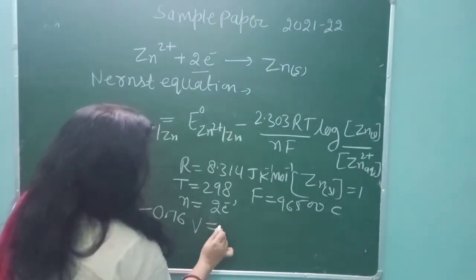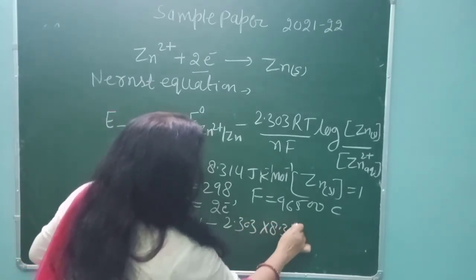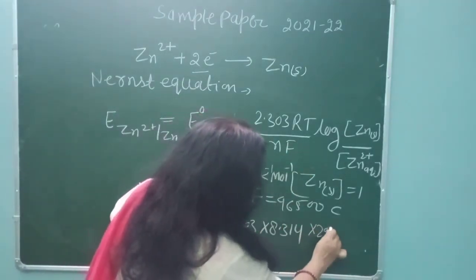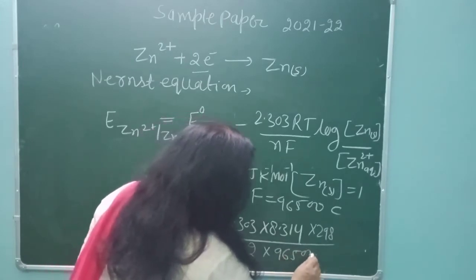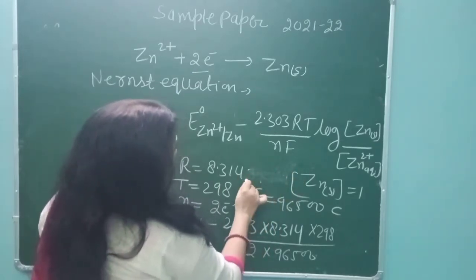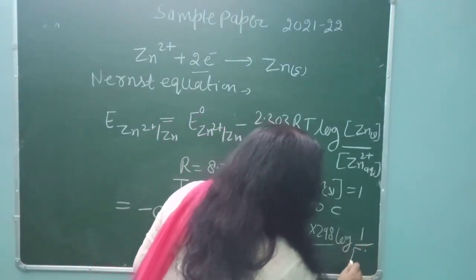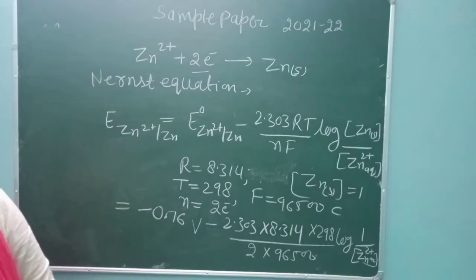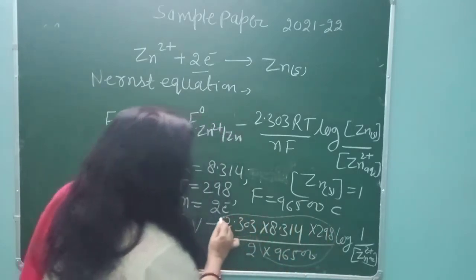So we put 2.303 times 8.314 times T, 298 Kelvin, divided by 2 multiplied by 96500, and zinc is solid, 1, so log 1 upon Zn2+ aqueous. Clear? Now calculate this value. If you calculate this value, what will it come to?